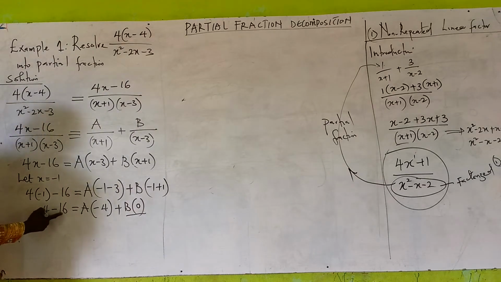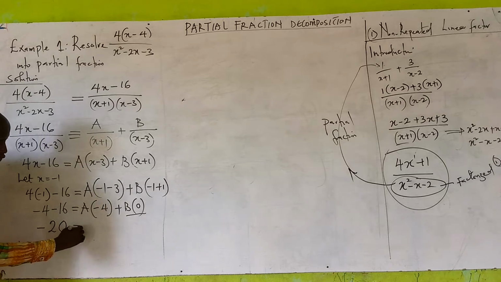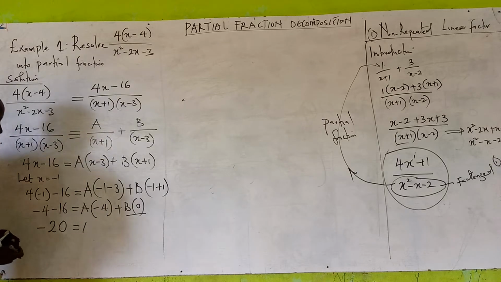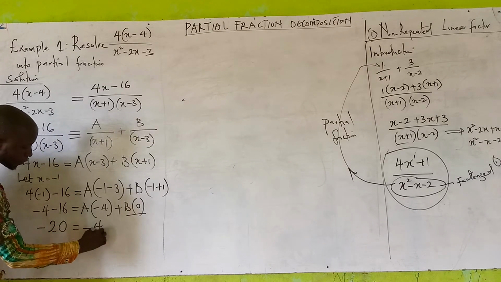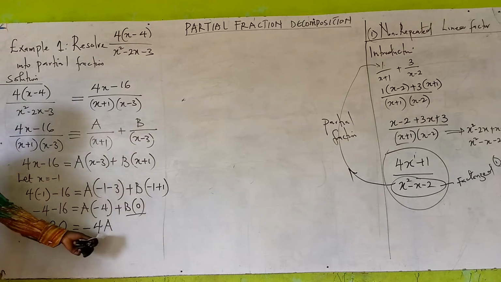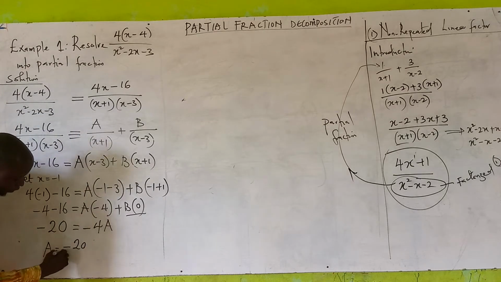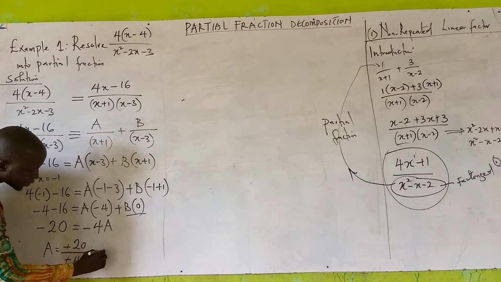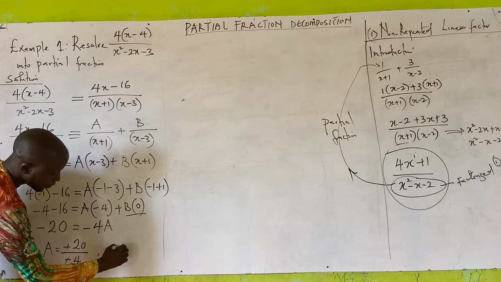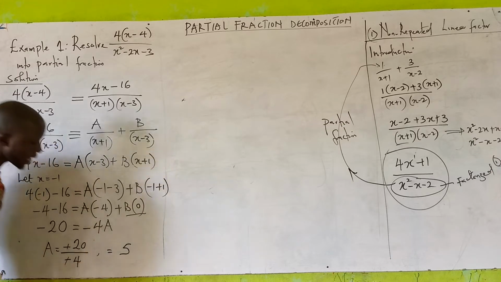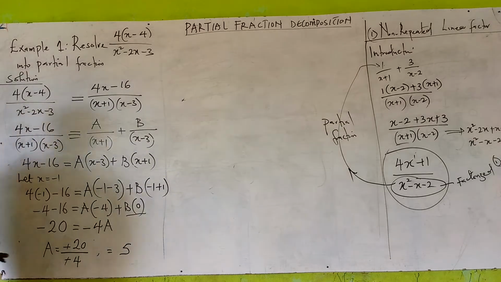Now minus 4 minus 16 will give us minus 20 equals minus 4a. Making a the subject of the formula, we need to have a equals minus 20 over minus 4. This cancels this, therefore our a equals 5.